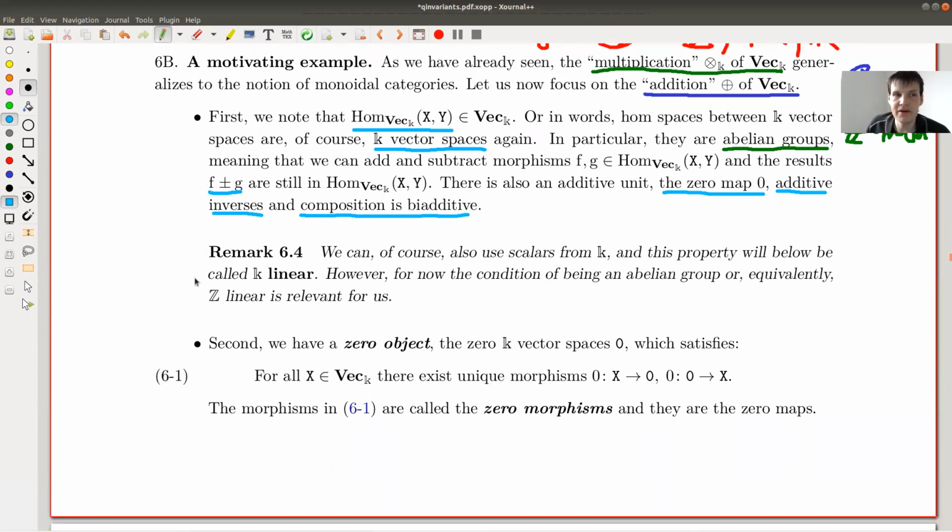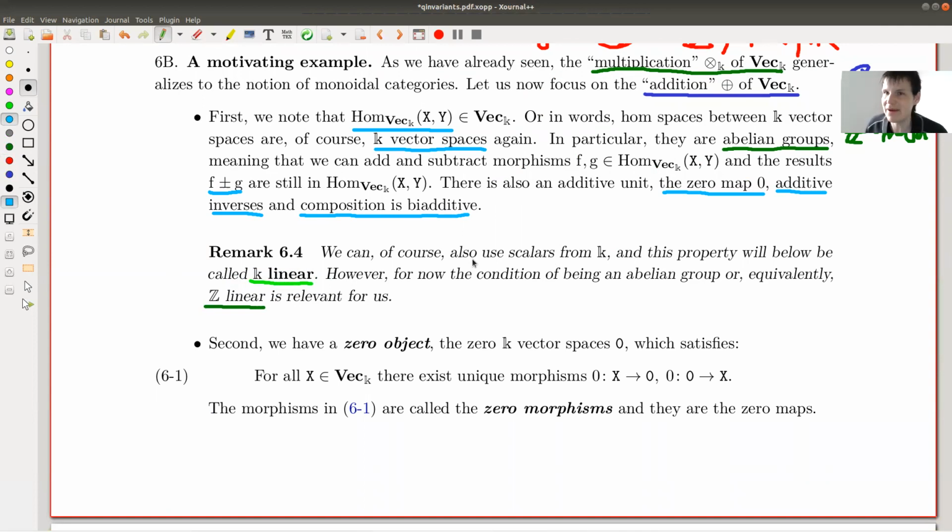Yeah, and the remark is just saying what I just said. There's a slight difference between Z-linear, which is an abelian group, and K-linear, but the difference won't matter. It's a matter of what you like as scalars.